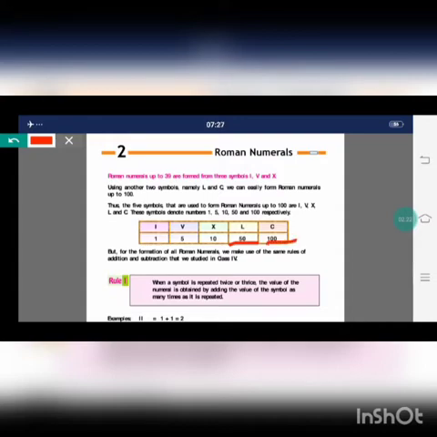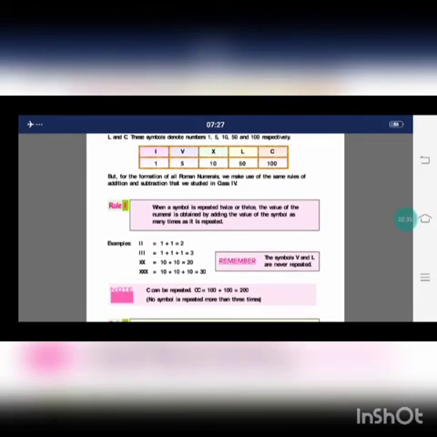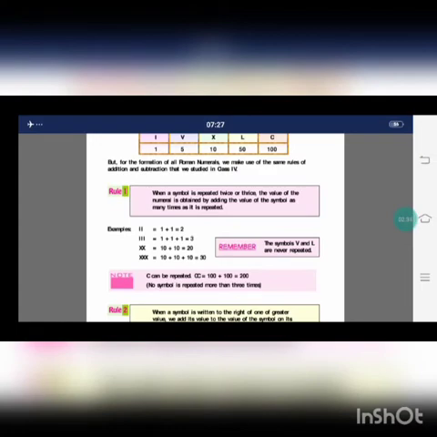Now, rule number 1. What is the rule number 1? The rule number 1 is: when a symbol is repeated twice or thrice, the value of the numeral is obtained by adding the value of the symbol as many times as it is repeated.